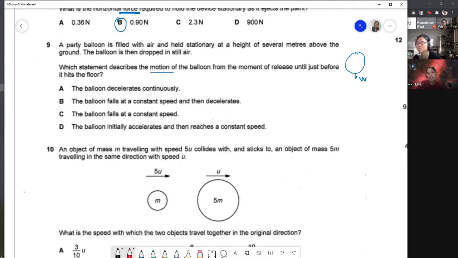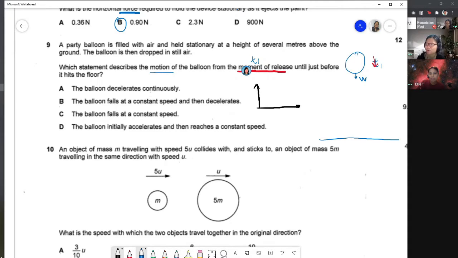Okay, so from the moment of release, here is the moment of release. Let's say I call this T1. So this is T1, until it hits the floor. To decide, we need to think about the net force.